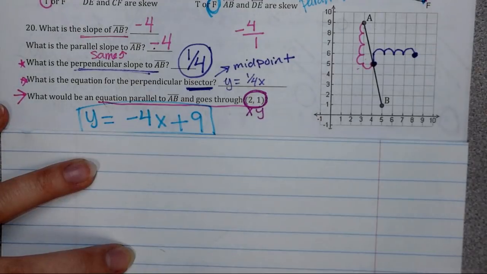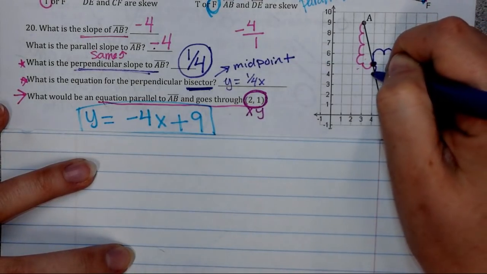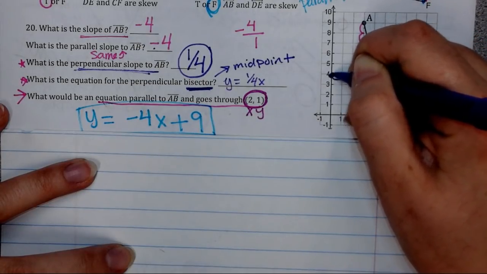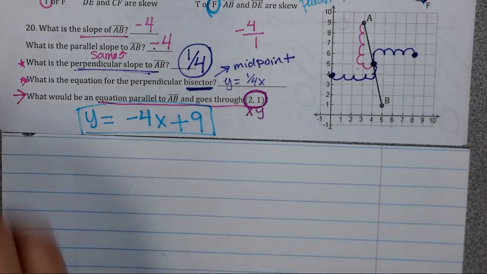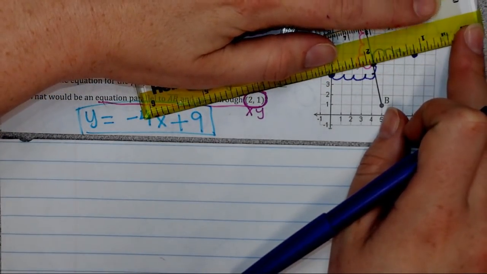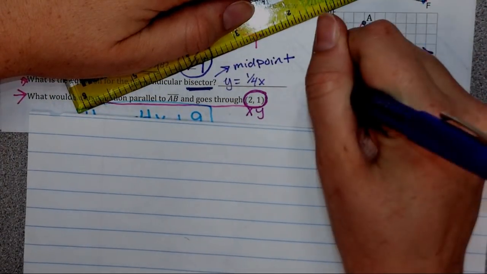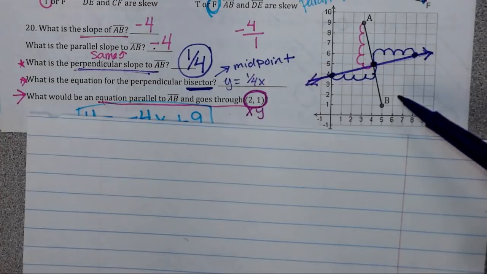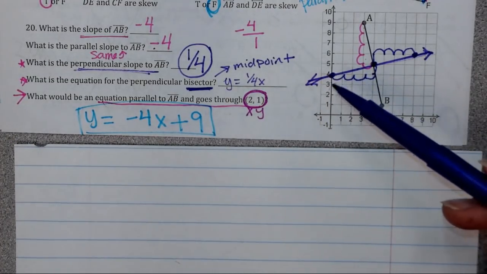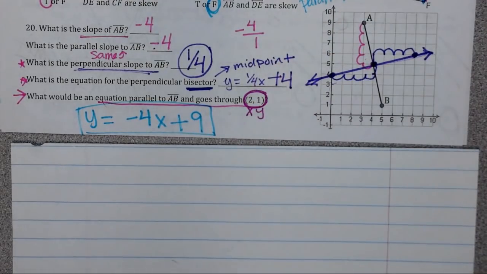So there's another point on that line. Going backwards, you would go down 1 and back 4. Then connecting that, here's our perpendicular bisector. Now that we've plotted those other points, you can see that it crosses the y-axis at 4. So that's going to make the equation 1/4 x plus 4.